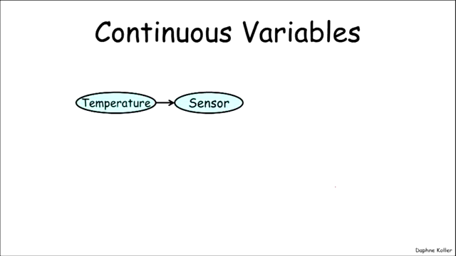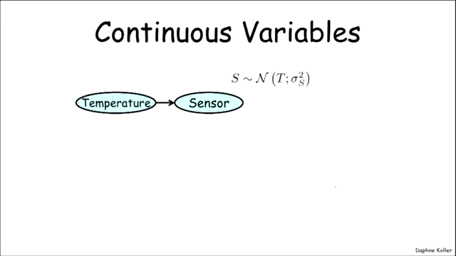So now let's imagine that we have a continuous temperature variable, say the temperature in a room, and we have a sensor, a thermometer that measures the temperature. Now, thermometers aren't perfect, and so what we would expect is that the sensor is around the right temperature, but not quite.